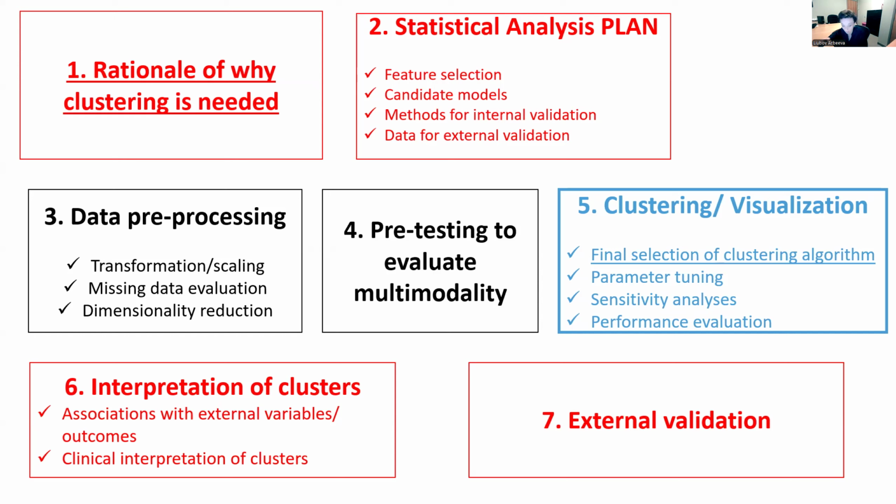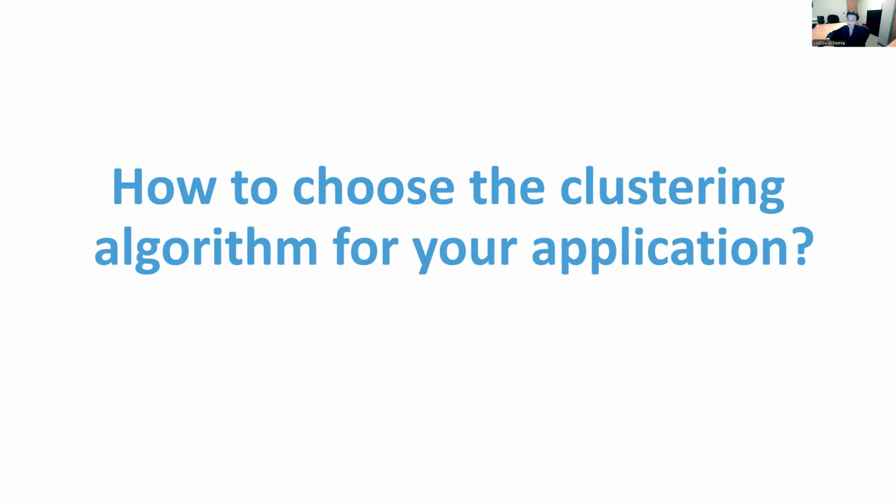And I will talk about the selection of the clustering algorithm, the blue part, which is more statistical. Applying a clustering algorithm is sometimes much easier than selecting the best one. So let me cover a few questions that you and your data analyst have to discuss before clustering analysis.